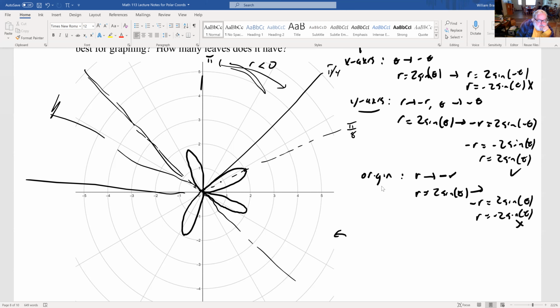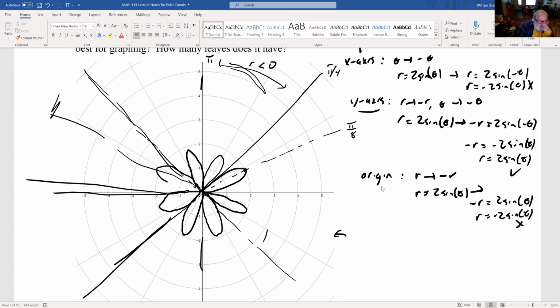Okay, so from here to here will be positive again, so we'll get another leaf that comes out here. From here to here will be negative again, so that gives us a leaf that comes out here. And then we'll have another leaf that's positive down here, and in this last bit will be negative out here. And there's the graph of my rose.